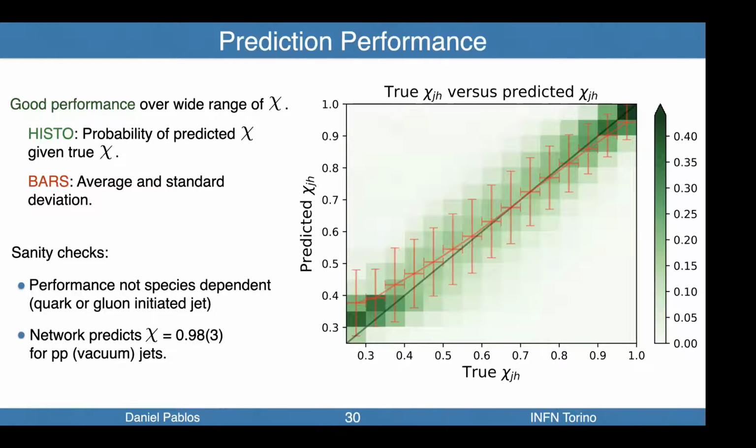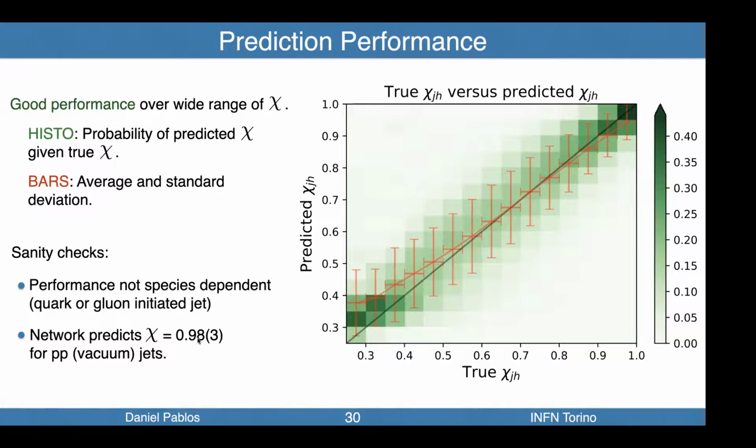The prediction performance is pretty good. Here you can see in red the average and the standard deviation, and we perform some sanity checks. For instance, the prediction performance is similar for quark and gluon initiated jets, and most importantly, the network predicts that for vacuum jets, the chi is very close to 1, and we have trained this only on medium jets.